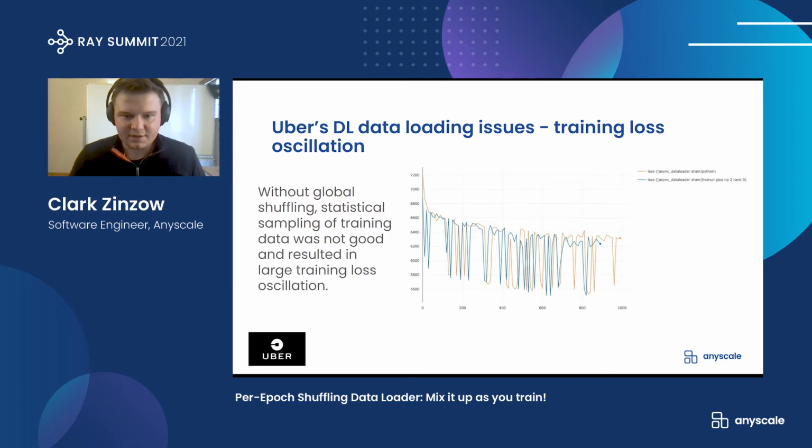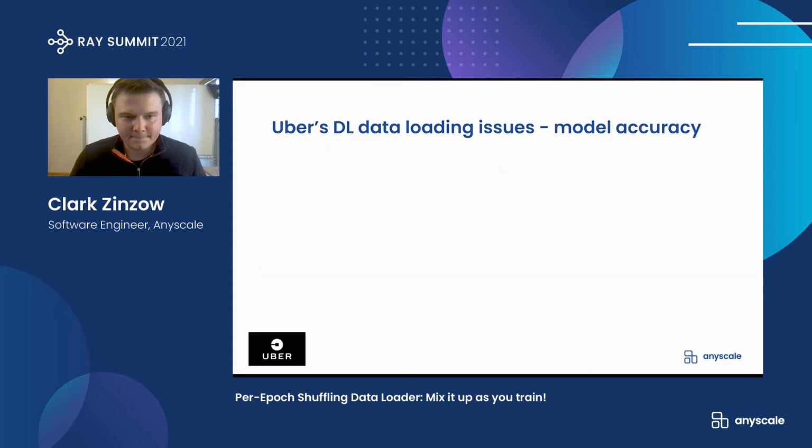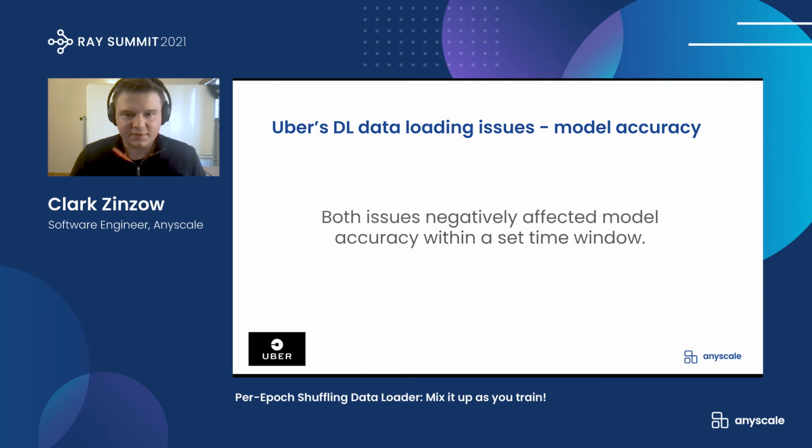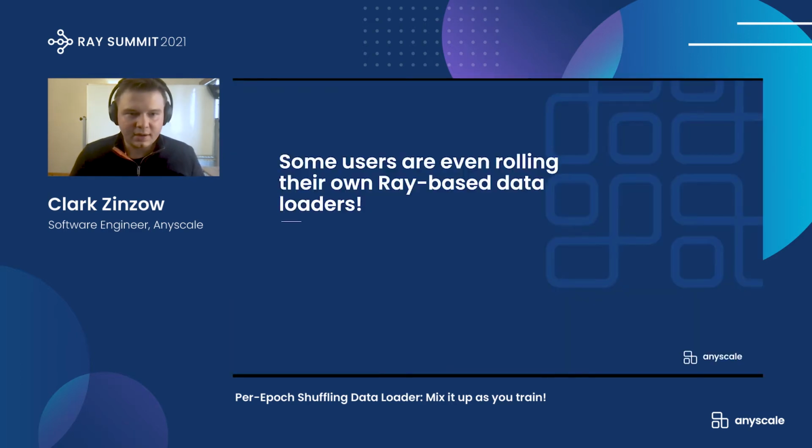Ultimately, as you can see here, their training loss oscillated like crazy. So it took them longer to converge to a nice accuracy. The fundamental result is that model accuracy took a big hit. Both of these issues severely affected their model accuracy within a given time window, and their particular use case was a concrete 12-hour time window where they wanted to get the model as accurate as possible.